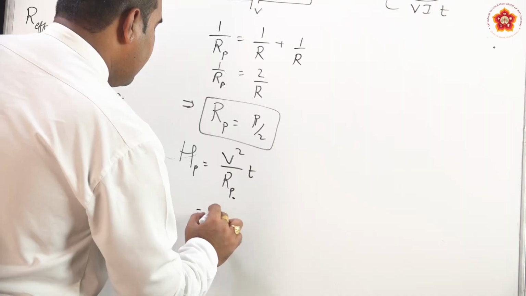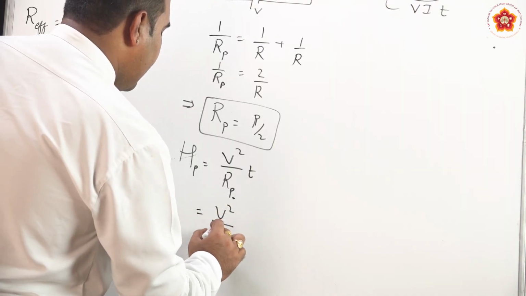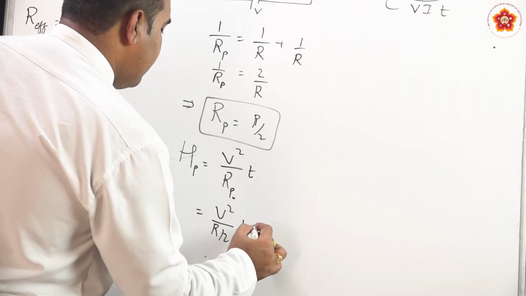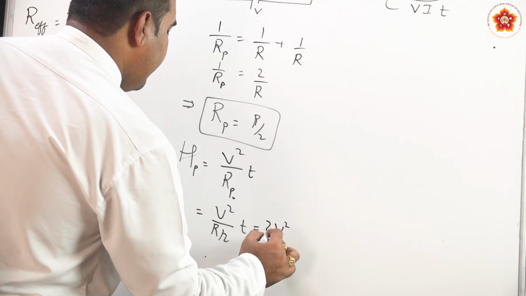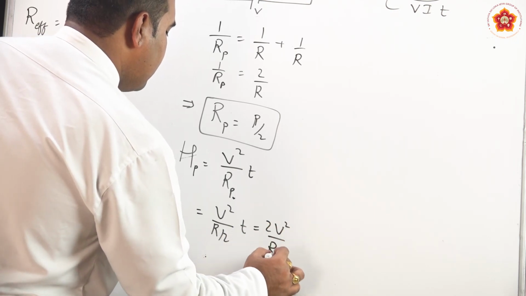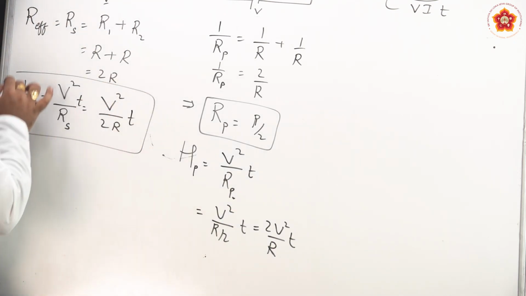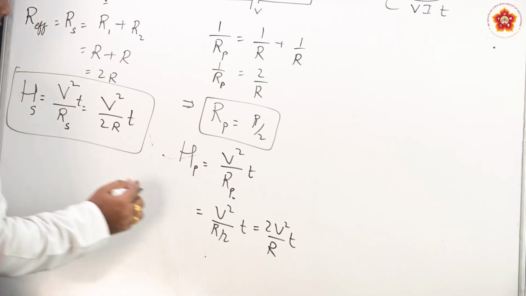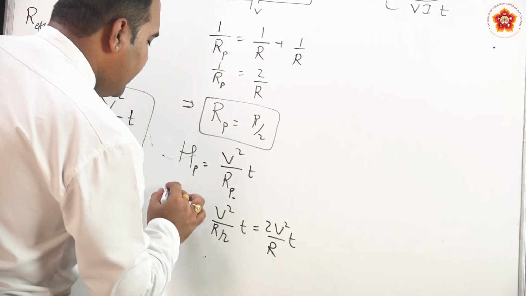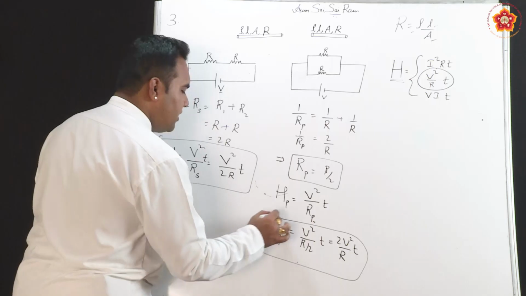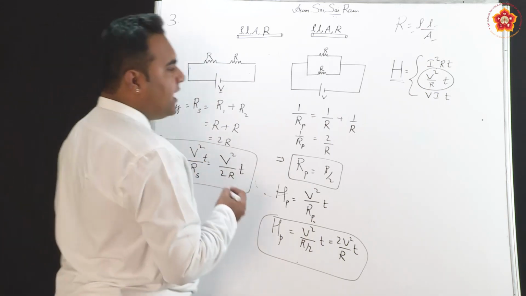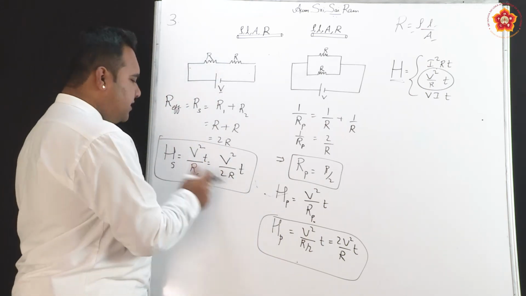So I get V square by R by 2 into time, which is nothing but 2V square by R into T. So on one side I have heat produced in the series circuit, on the second side I have heat produced in the parallel circuit. Therefore, they are asking for the ratio of heat produced in series to parallel.